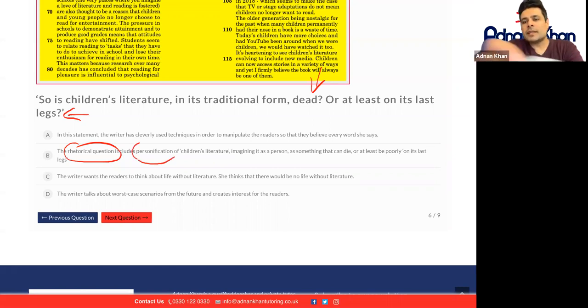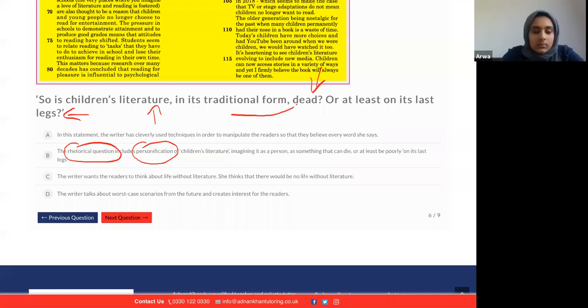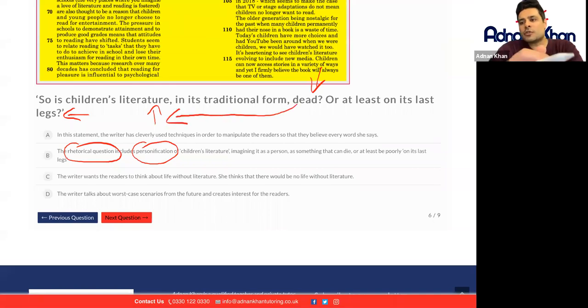And personification means when you turn something into a human entity and try to give it life. So is children's literature dead? So we're assuming that children's literature is alive, and now could it be dead? So we're giving it human characteristics.